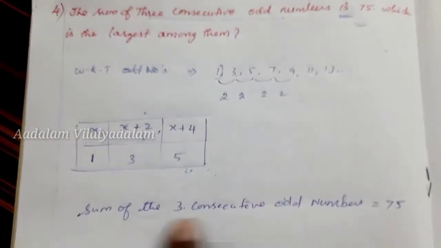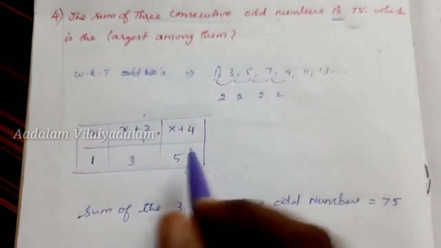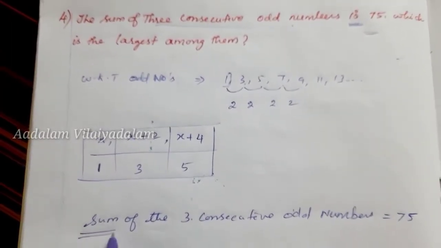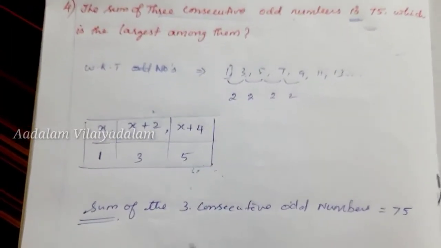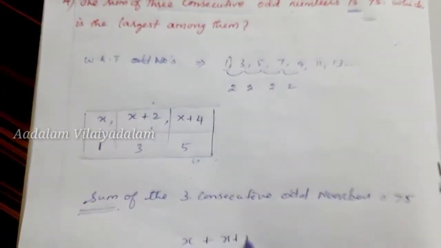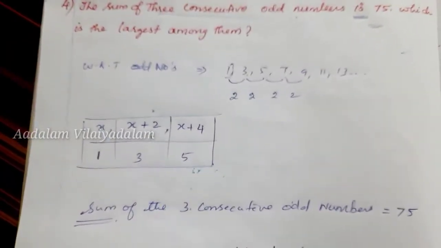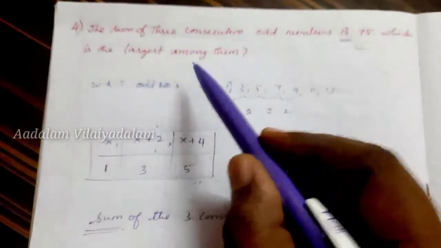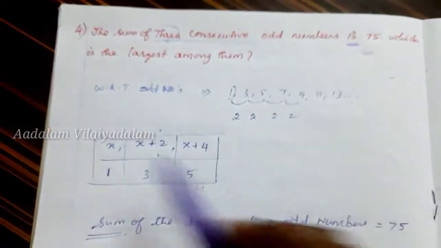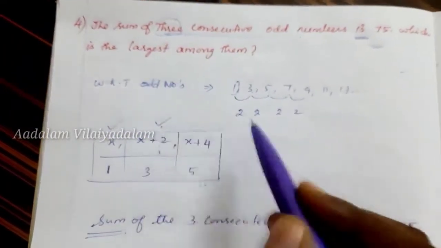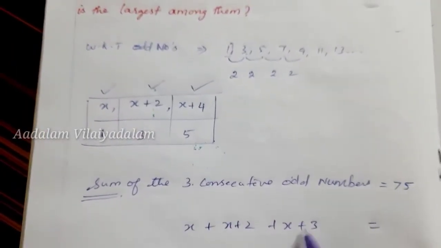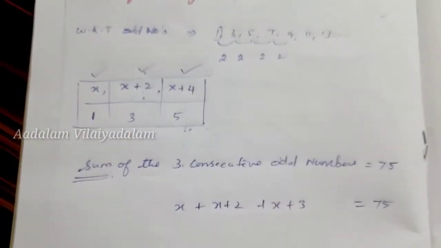So the sum of three consecutive odd numbers, already we found the formation, sum means we have to do the addition. So let's write x plus 2 then x plus 4. They asked only three consecutive numbers. The first three numbers will be x, x plus 2 and x plus 4. So the addition of those three numbers we will get 75.